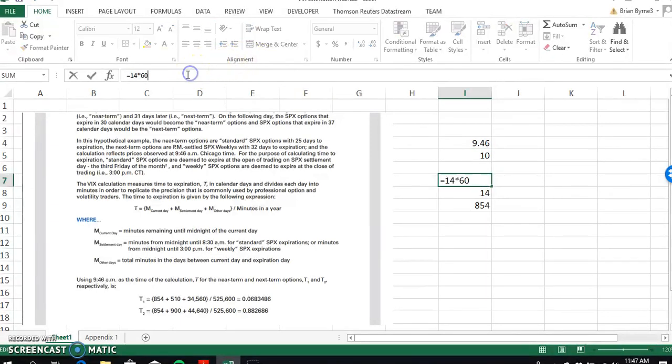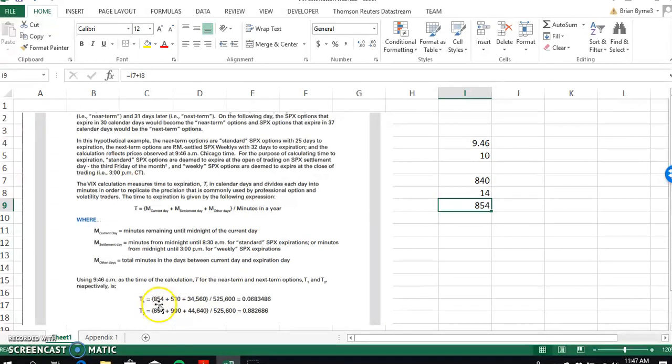If we express those 14 hours in terms of minutes, we just multiply by 60. That would give us 840 minutes. And because it's not exactly 10 a.m., it's actually 9:46, there's 14 minutes between 9:46 and 10. So we add that to the 840, and that brings us up to 854.